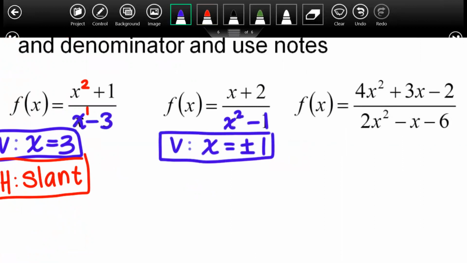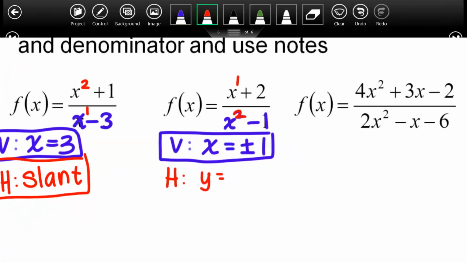Again, solving for 0, I think you guys can do that by now. For this bottom one, our horizontal asymptote comes from the degree of the polynomial. This is going to be 1, this is going to be 2. What kind of scenario do we have? Small to large, which tells me I'm going to have what?